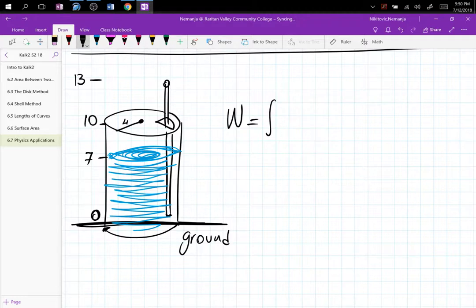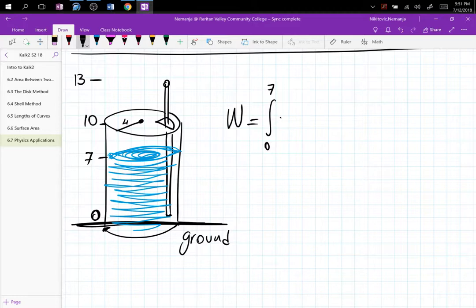What am I draining? I need to drain the liquid from 0 to 7. So the limits of the integral are 0 and 7 because I am draining that much liquid. If the can is full, then it's 0 to 10. Whatever I have inside is what goes into the limits.